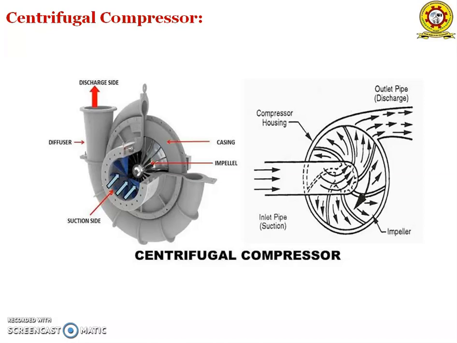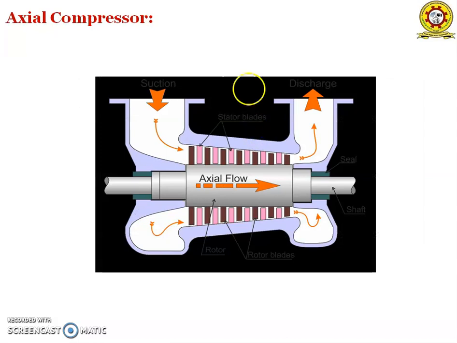The impeller discharges the flow to the diffuser through the vaneless space. Here the static pressure of the fluid rises, accommodated by the deceleration of the flow. The flow at the periphery of the diffuser is collected by the spherical casing known as the volute, which discharges it through the delivery pipe. And this is the axial flow compressor diagram.